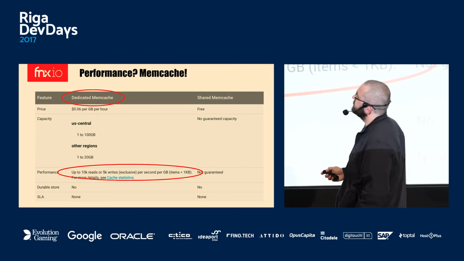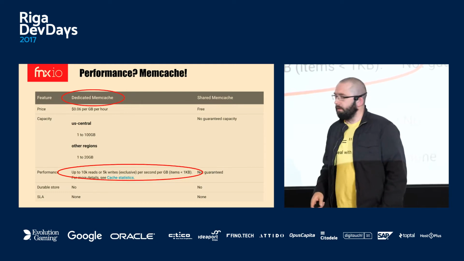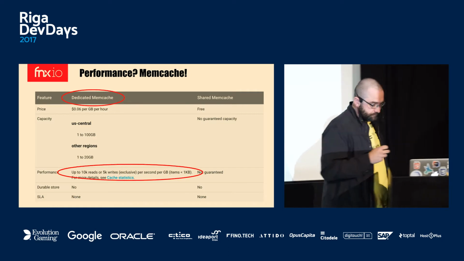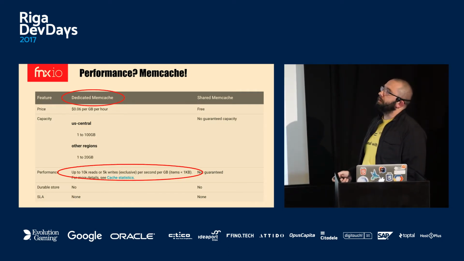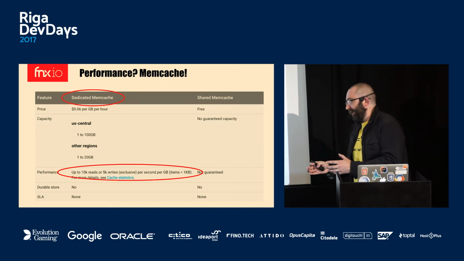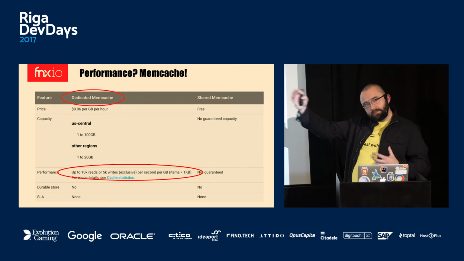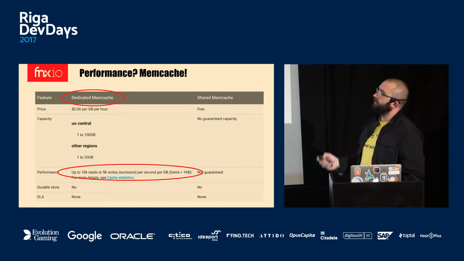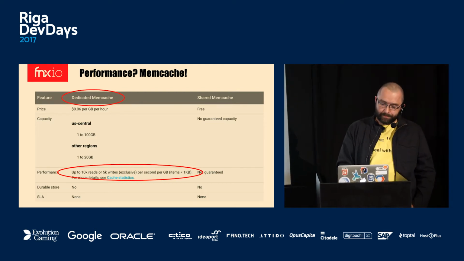Dedicated memcache with some guaranteed capacity and guaranteed performance can make a big difference in performance of your application. So rather than throwing money at, I don't know, not CPU, but you can choose your VM. So rather than configuring bigger VMs for your application, try dedicated memcache first. You should see the difference there.